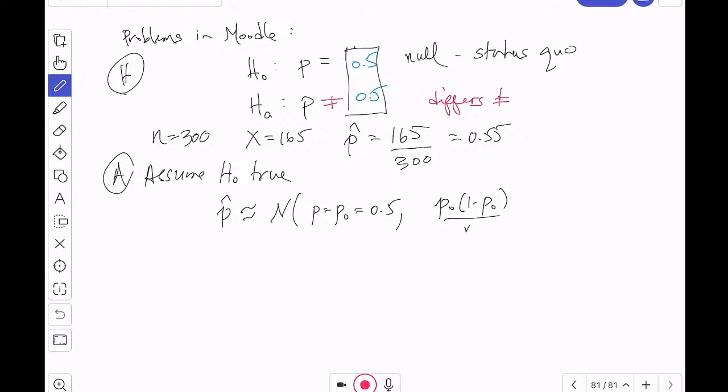So we get all the results as though the null hypothesis is true.